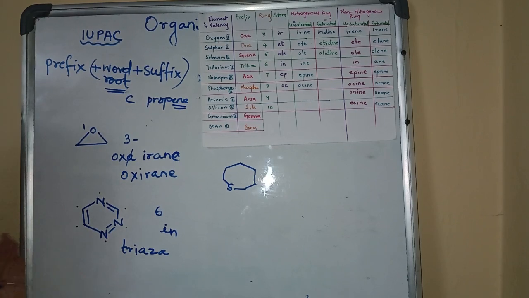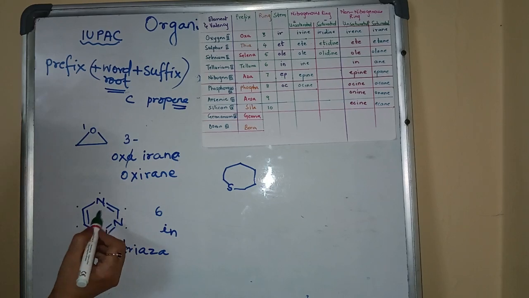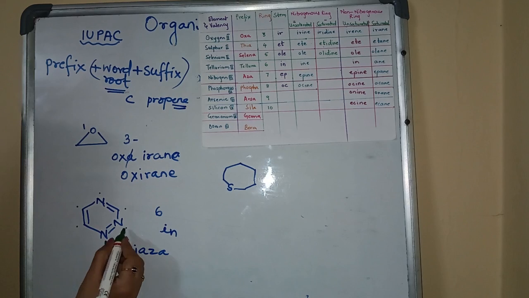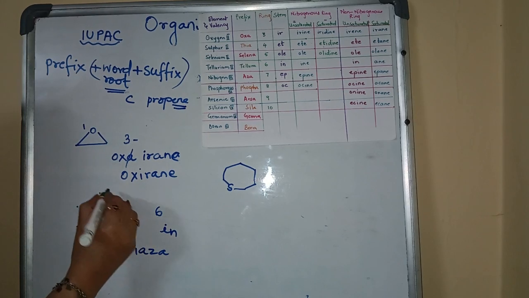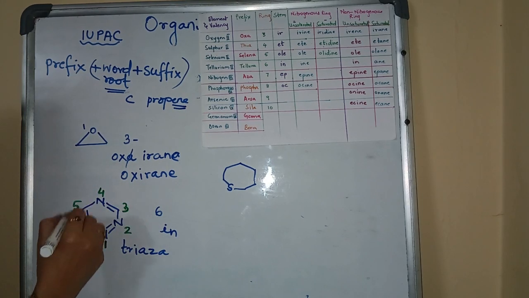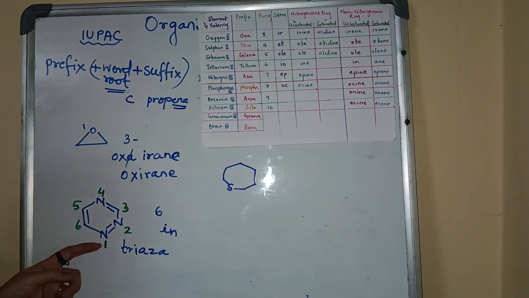Now let us do the numbering, because we have to also take into account the lowest possible number for this double bond. So 1, 2, 3, 4, 5, 6. The lowest locants that we are getting are 2 for this one, and for this nitrogen we are getting 4.